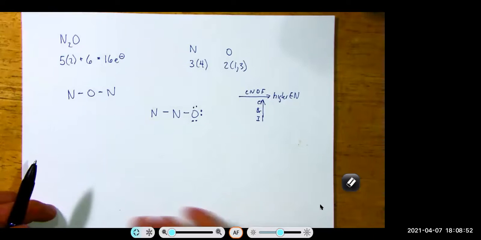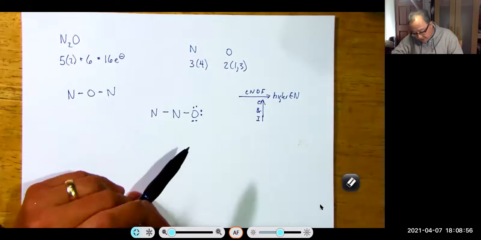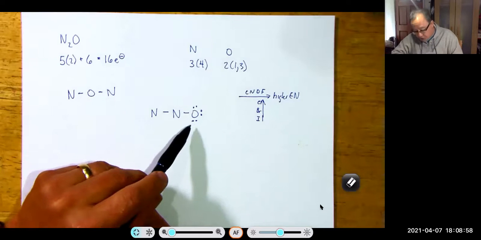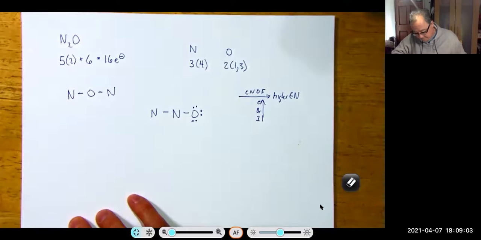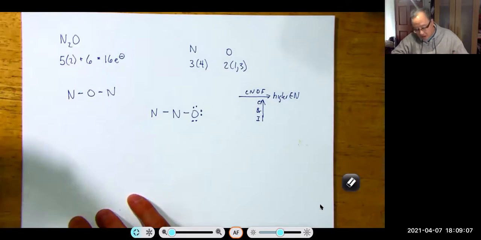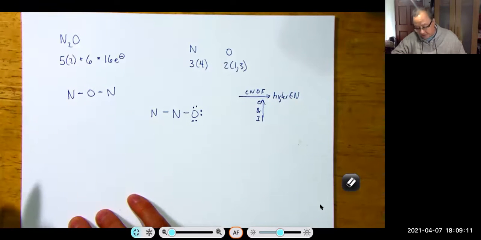Okay, so we're going to put the lone pairs on oxygen. We put as many as we need as 2 dots called lone pairs until we get to 8. And when I say 8, I mean until we get to 8 electrons total, understanding that a bond represents 2 electrons.